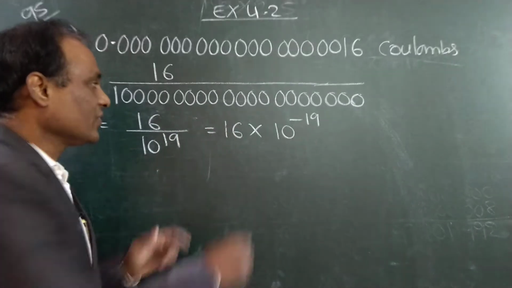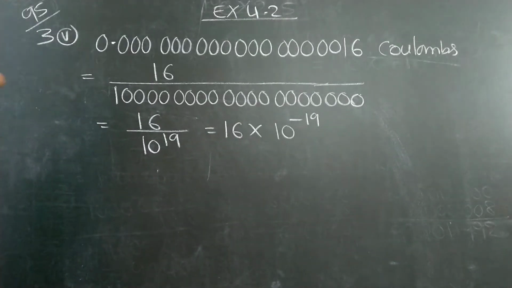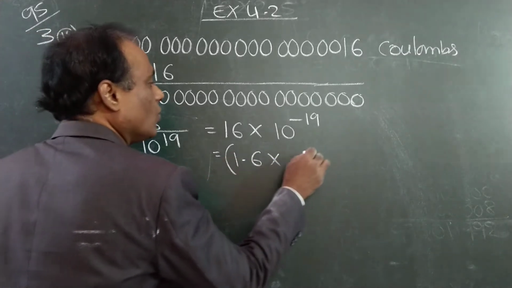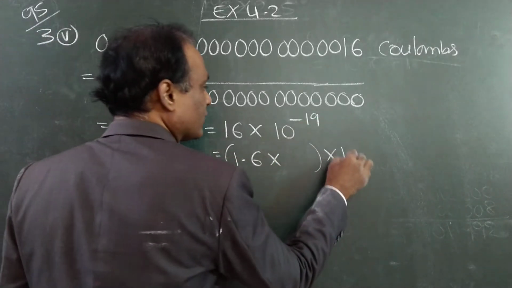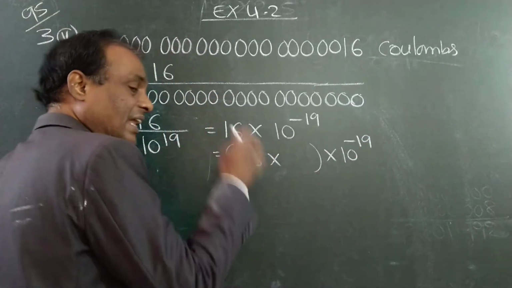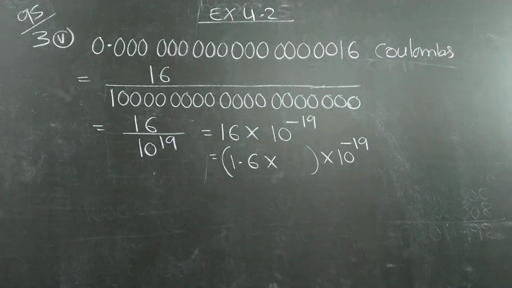But if there are 2 digits, we have to keep the decimal after 1 digit. 16 can be written as 1.6 into how much? This 10 to the power of minus 19 same.